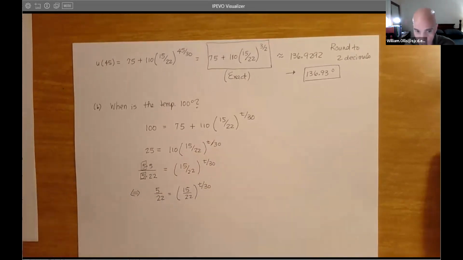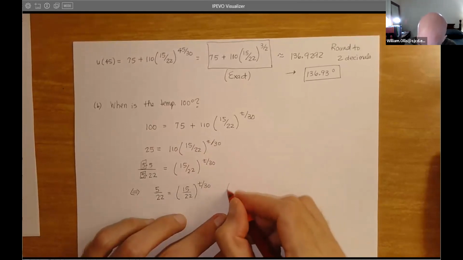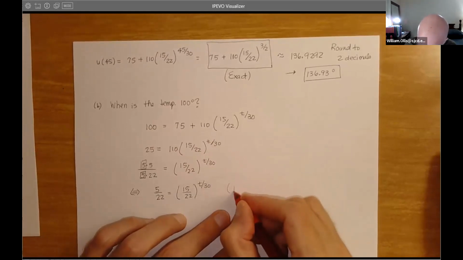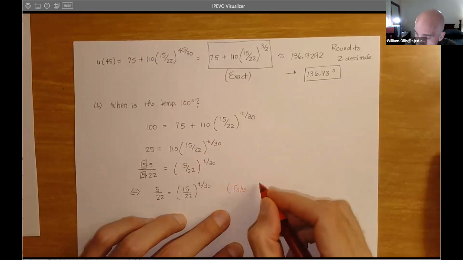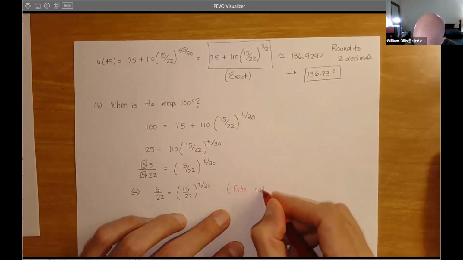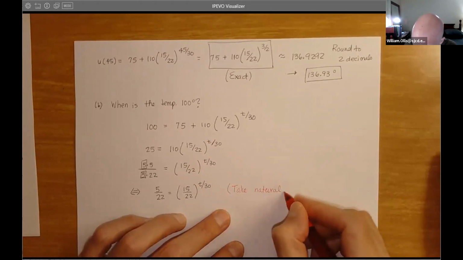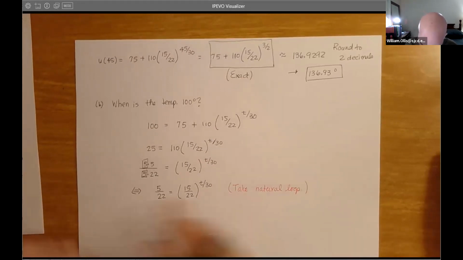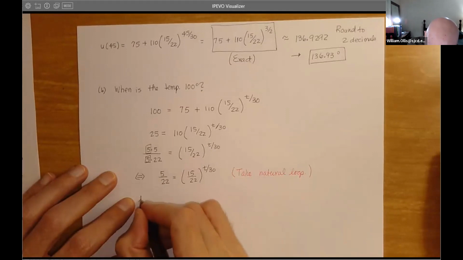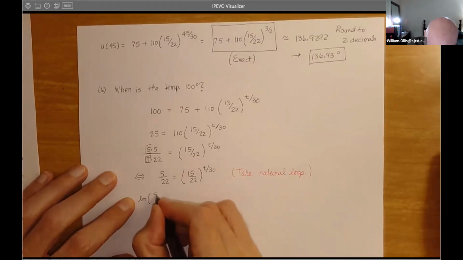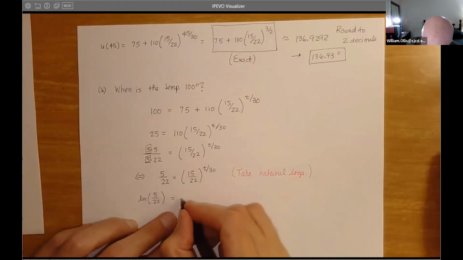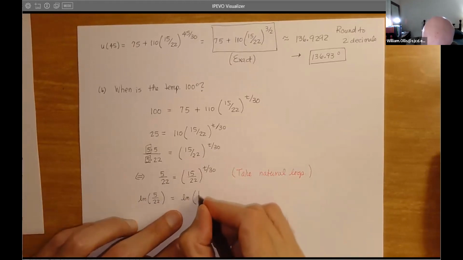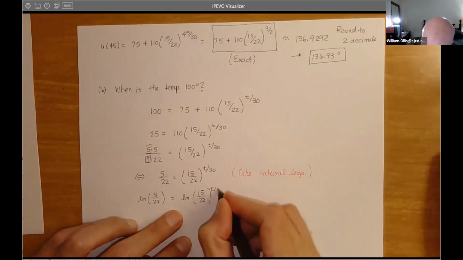And now at this point, just like we've done before, our favorite log base, base e, take natural logs. So we have the natural log of 5/22 equals the natural log of (15/22)^(t/30).